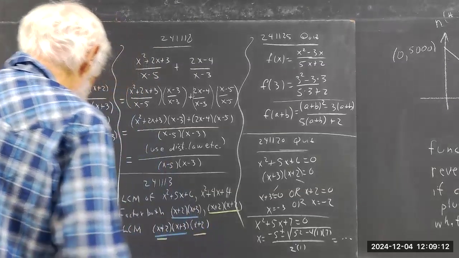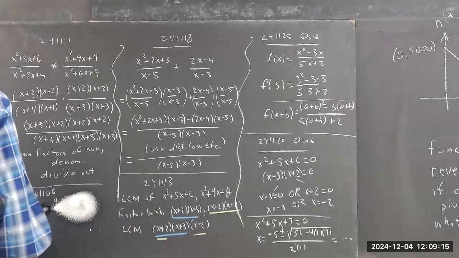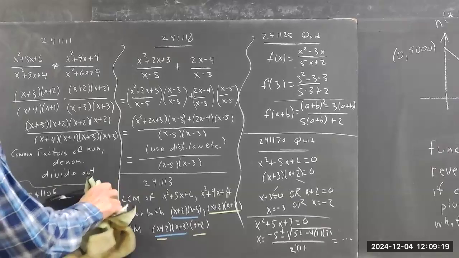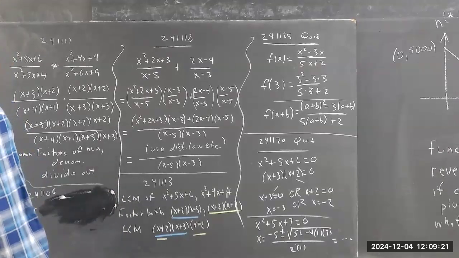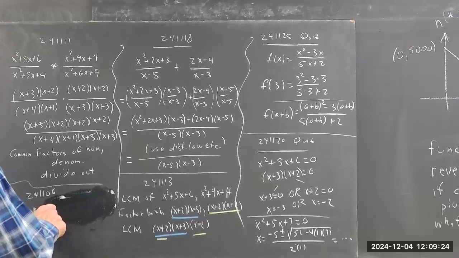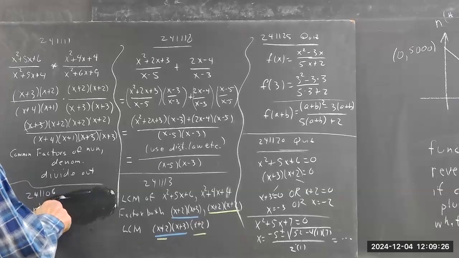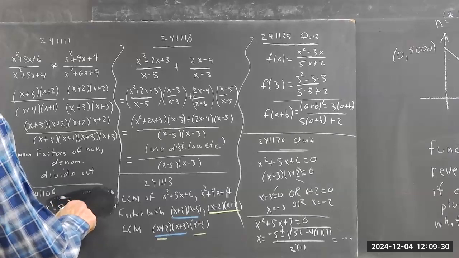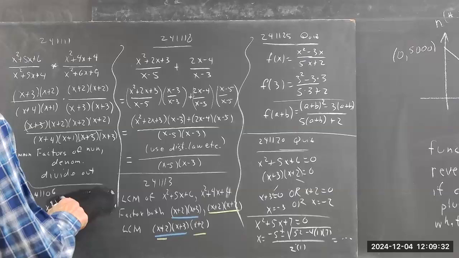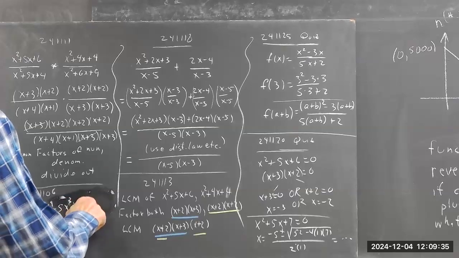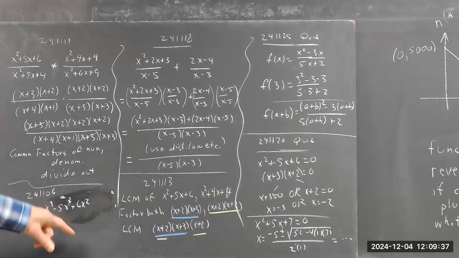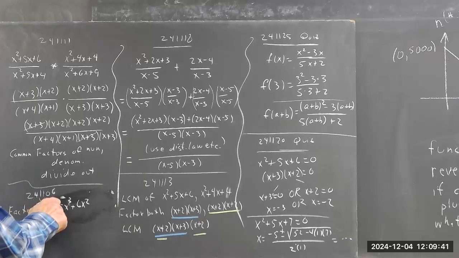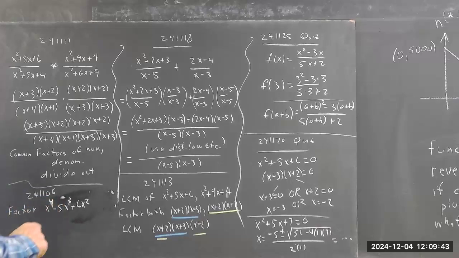Typically, we would have something like x to the 4th minus 5x cubed plus 6x squared.